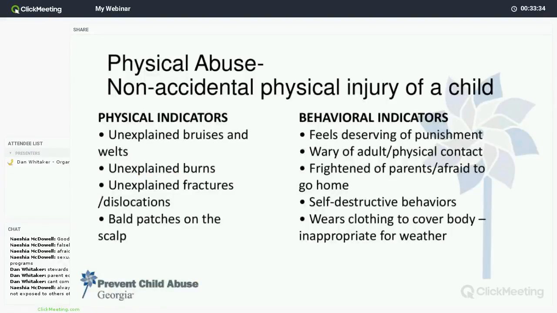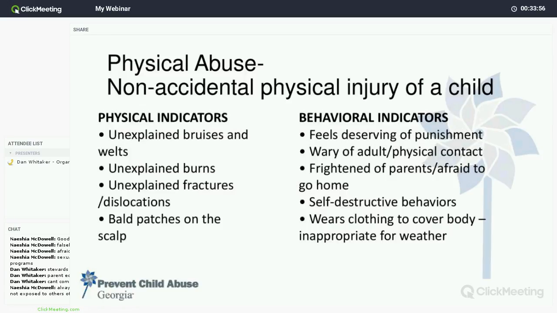So while injuries can occur accidentally, when a child is at play, physical abuse may be suspected if the explanations do not fit the injury or if the pattern of frequency is apparent. Physical abuse can teach a child to be submissive, fearful, or aggressive. It also teaches them that hitting is a way to control others and solve problems.